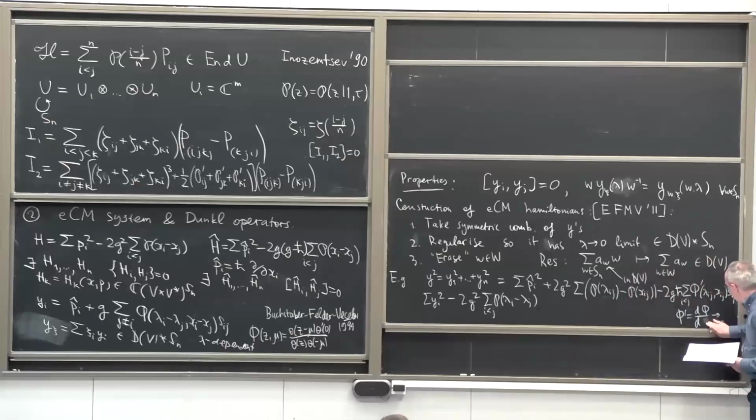For consistency, it's better to use mu here. And when mu goes to 0, it tends to minus the function of z. Yes, so this is regular when this approaches 0.